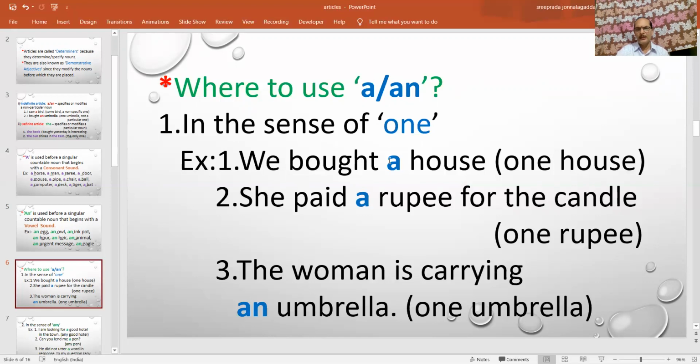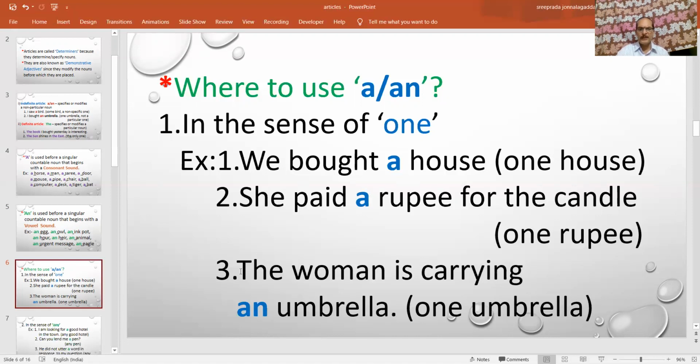Here "a house" means one house, not more than one. She paid a rupee for the candle. A rupee means one rupee, not more than one.